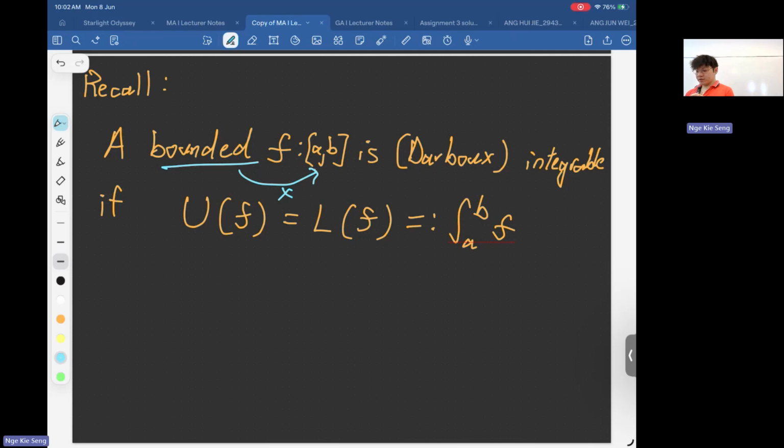So how do we define this upper integral and lower integral, UF and LF?